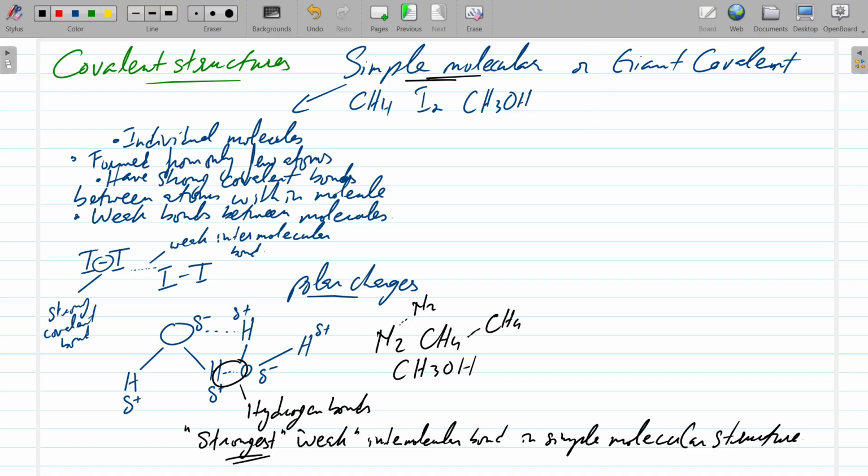Then you've got the giant covalent, right? So giant covalent is basically, it contains hundreds of thousands of atoms joined together by covalent bonds.